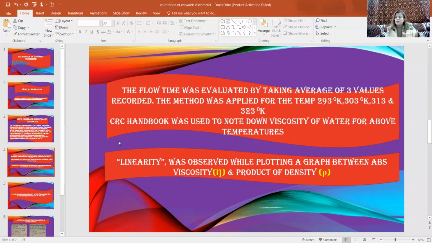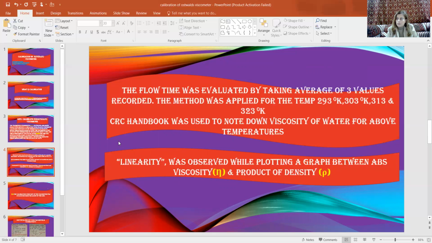I just mentioned this. You will take the average of the three values and you will evaluate the flow time, right? The three values you have recorded, you will note them down in your notebook. The method was applied for the temperatures, that is 293, which I just mentioned, to 303, 313, and 323 degrees Kelvin. The same method you are going to apply.